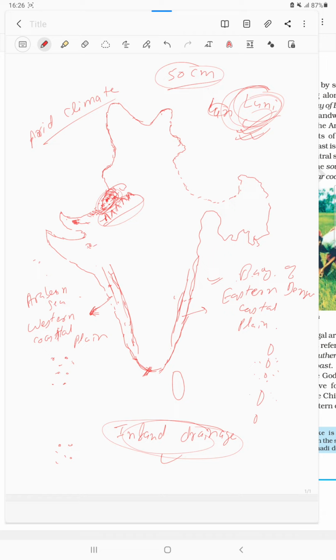The Western plain is also divided into three parts. Suppose here is Daman, and here is Goa. This western plain is known as the Konkan coastal plain.